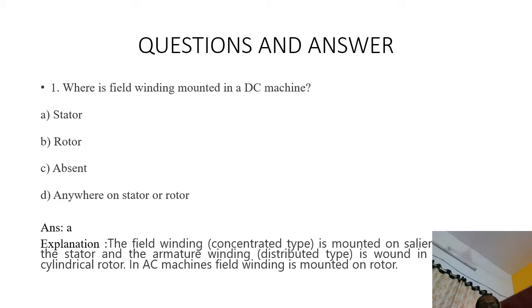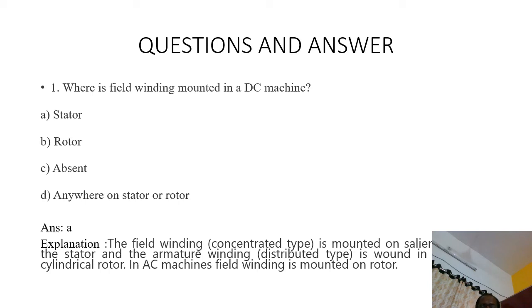So the question is: where is the field winding mounted in a DC machine? We have completely explained the parts of the DC generator: yoke, poles, pole core, pole shoes, armature winding, armature slots, commutator segment, shaft. All these parts we discussed. But what is the question? Where is the field winding mounted in a DC machine?